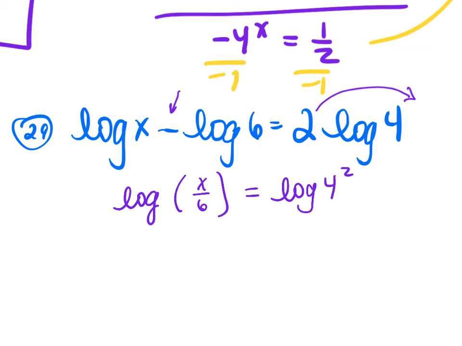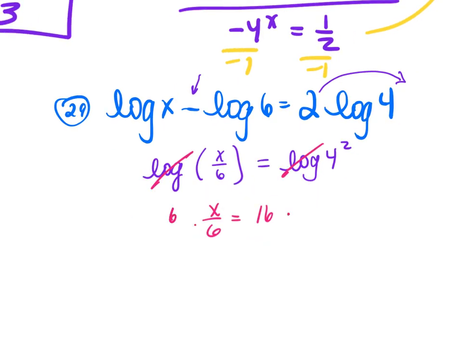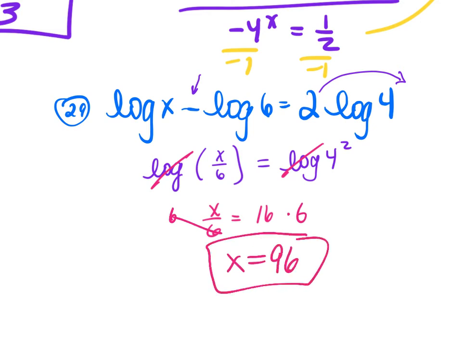Since I have one log on one side, one on the other, I can cross them out, and I just solve. X over 6 equals 16, multiply both sides by 6, and x equals 96. Plug back in, make sure it doesn't become negative. You guys are good.